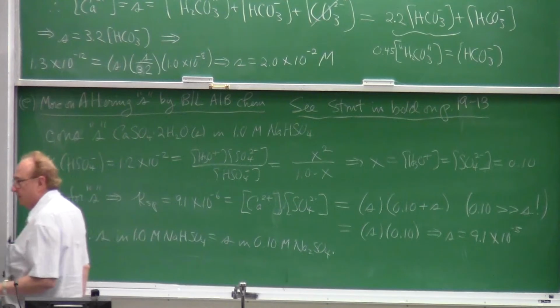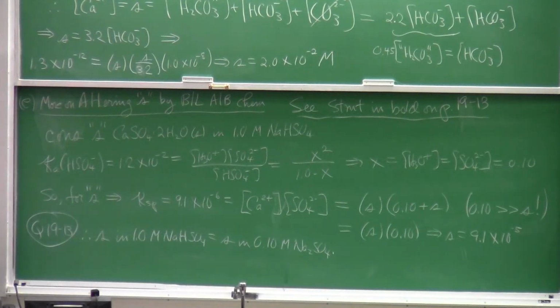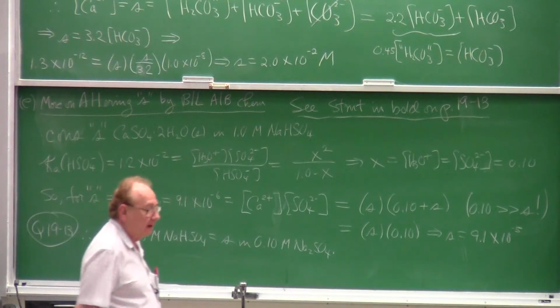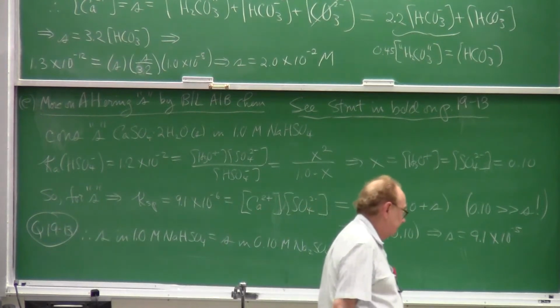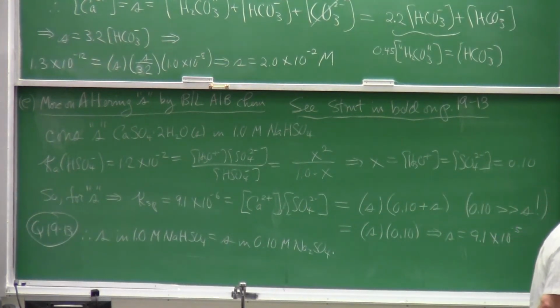The statement says that if I am to consider the solubility of a salt of limited solubility in water in a solution which is more acidic than water itself, the solubility of the salt must increase unless this solution, which is more acidic than water itself, is a precipitator of the salt.